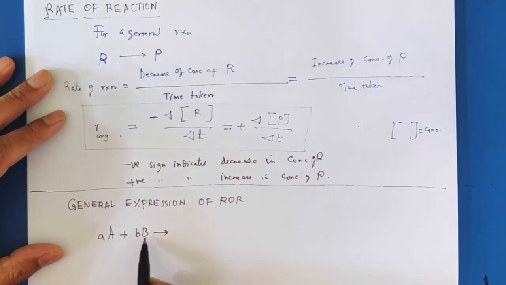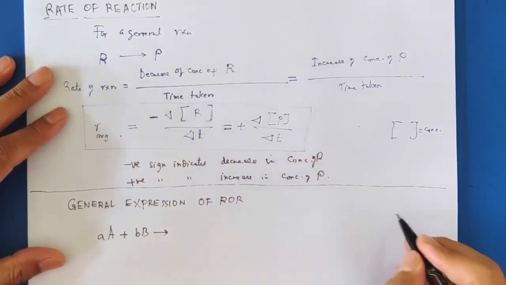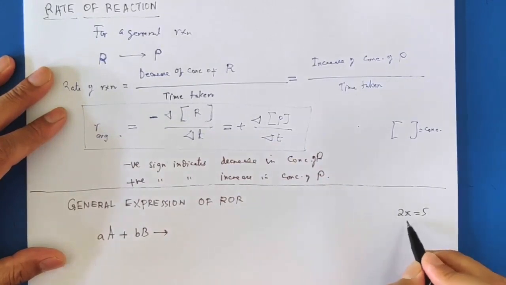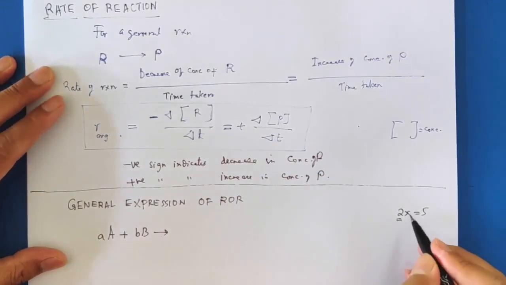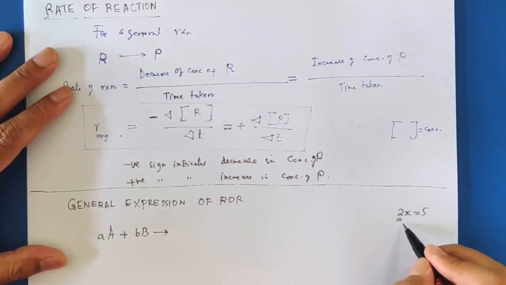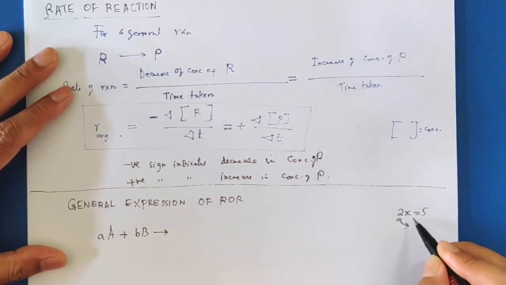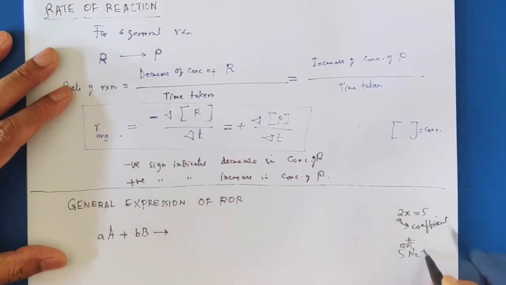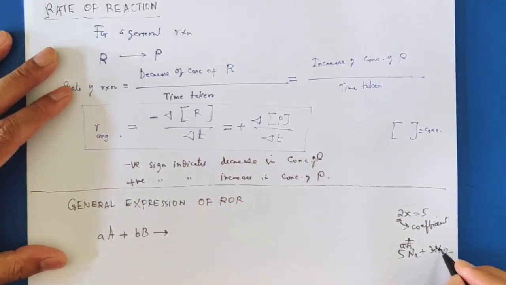Reactants A and B, but here the coefficients. In algebra, 2x equals 5: the coefficient of x is 2. In arithmetic we call this a coefficient. For nitrogen plus 3 moles of hydrogen, it is 2. In chemistry terms we call it the stoichiometric coefficient.